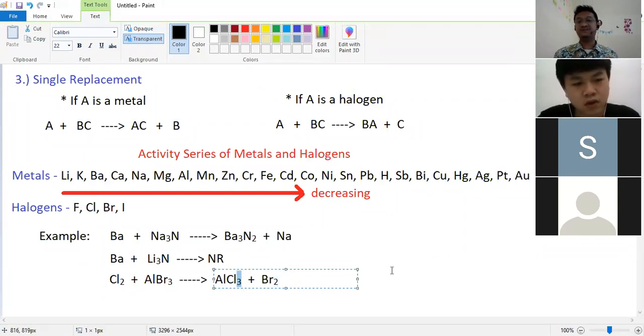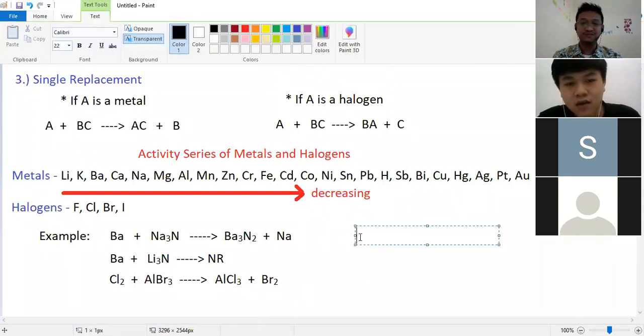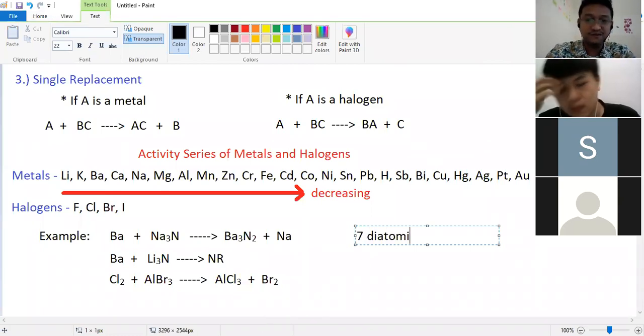Is that clear? Teacher, can you repeat that again? Which part? The diatomic thing. The 7 diatomic elements. Okay, let's enumerate the 7 diatomic free elements.